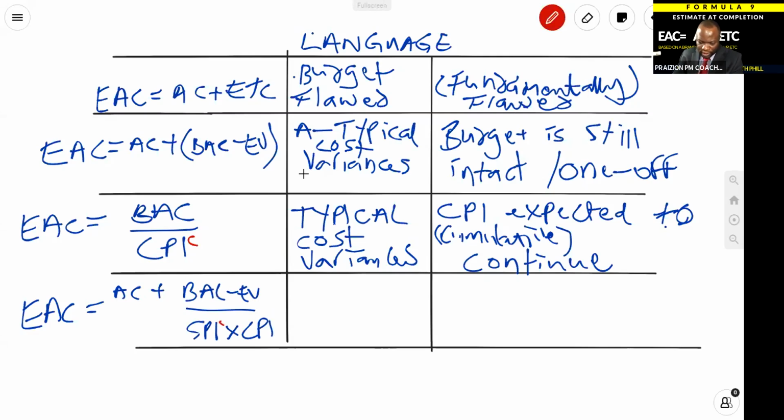Cumulative, that is so important. And always remember to put these in their little brackets.